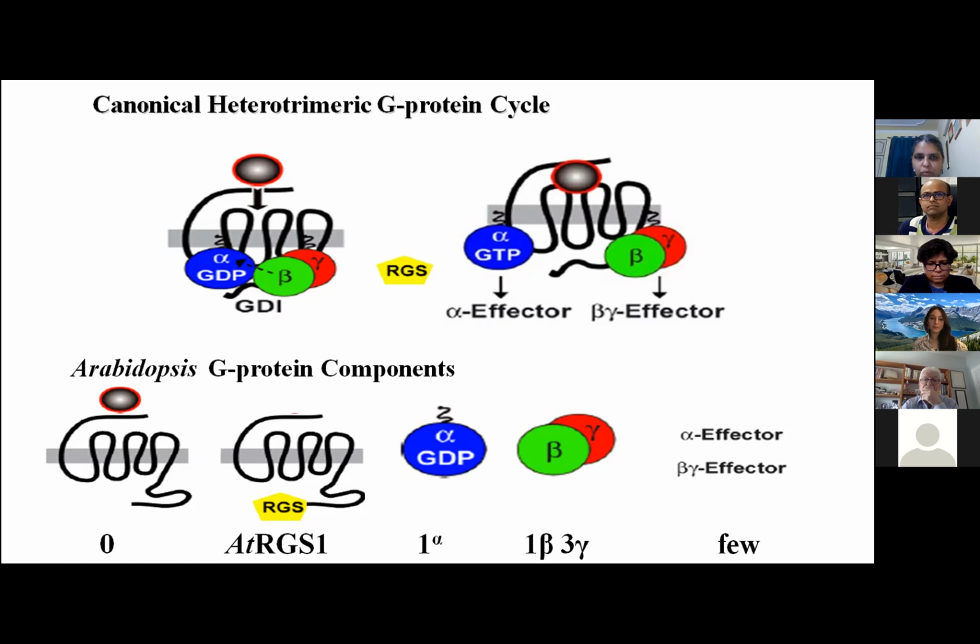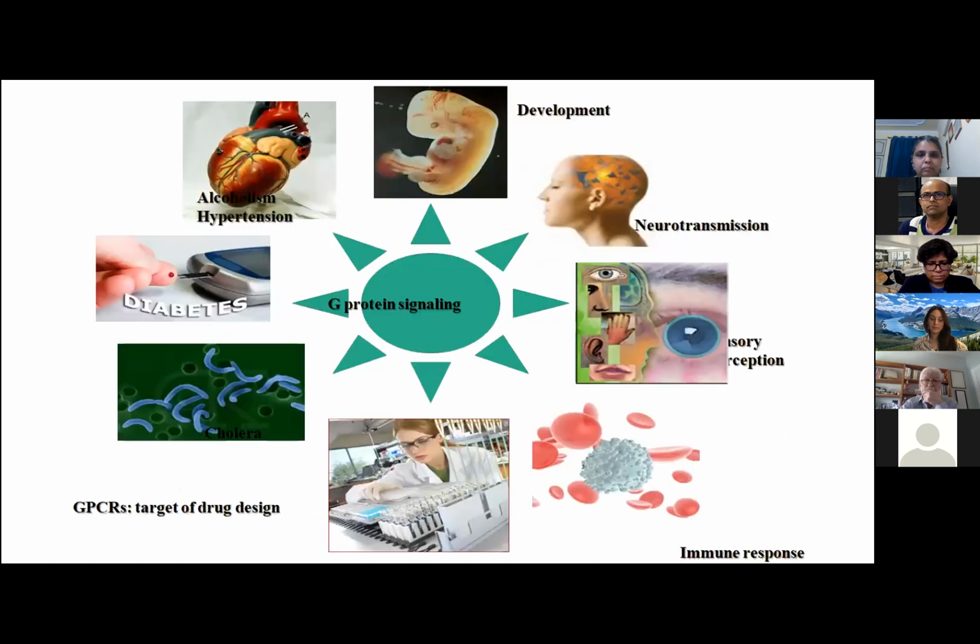Now more and more information is pouring in, but only very few has been characterized in molecular details. As I was saying, G protein signaling is very important for animals also. Any biological process, any physiological process you think of, they are involved in hypertension, diabetes, your touch, your taste, and neurotransmission.